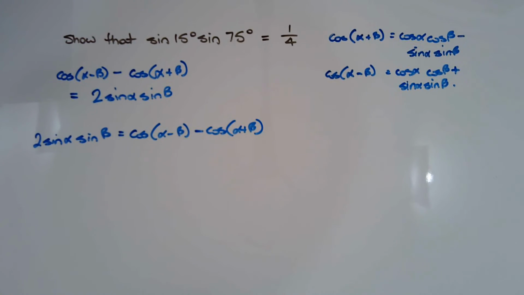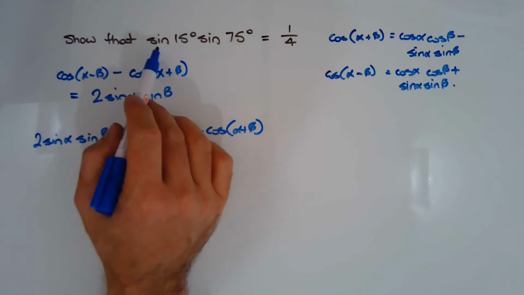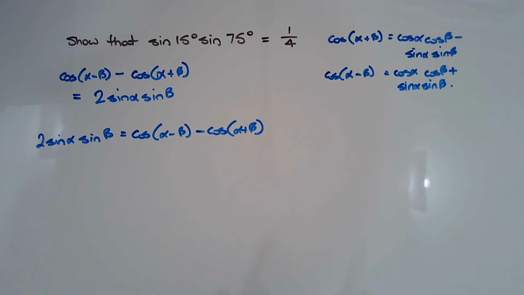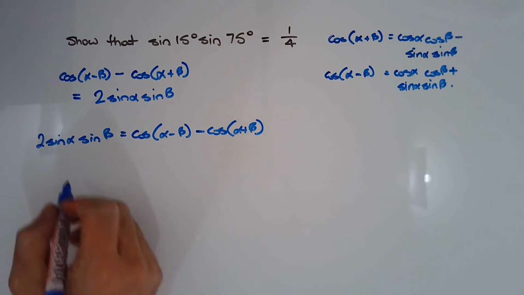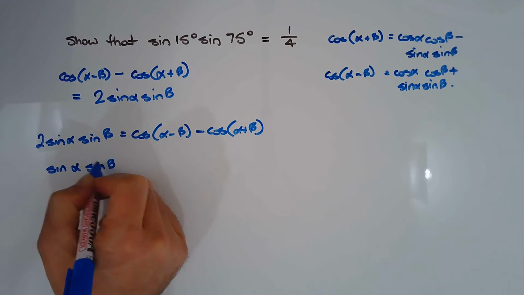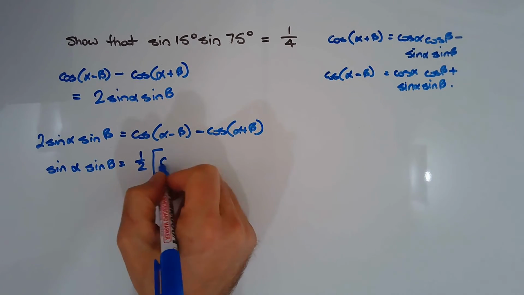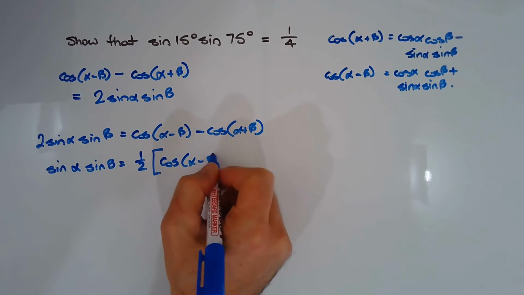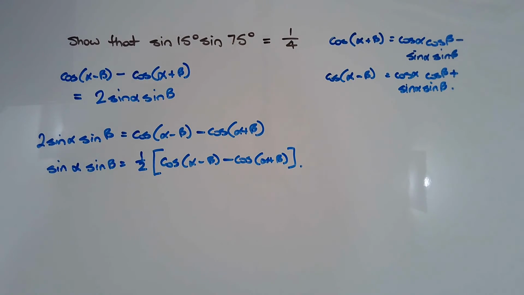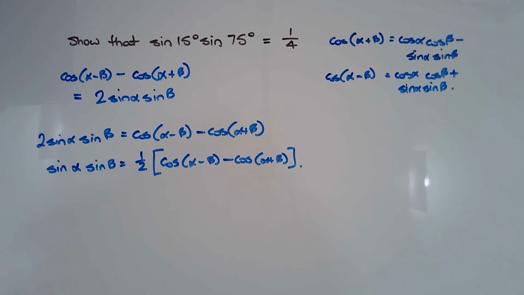Now we just want sine alpha sine beta on its own, since the original equation only has one sine alpha sine beta. So divide both sides by 2. So we have sine alpha sine beta is equal to half outside of cos of alpha minus beta minus cos of alpha plus beta.